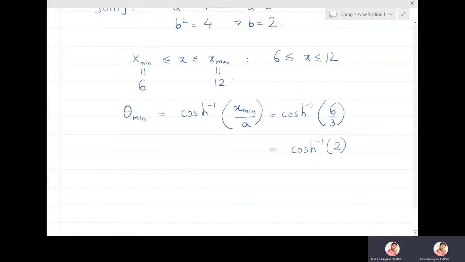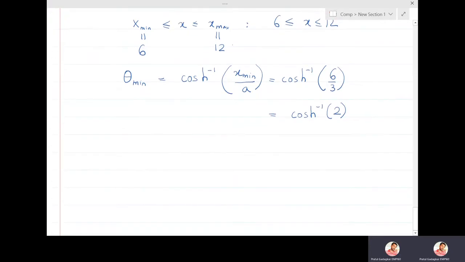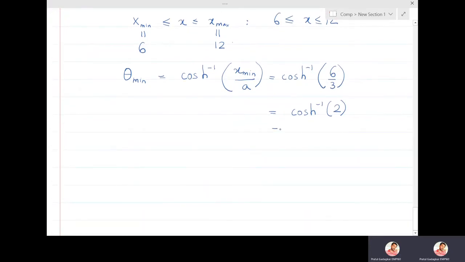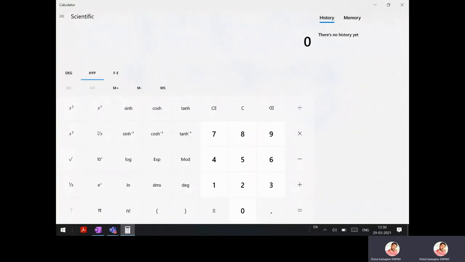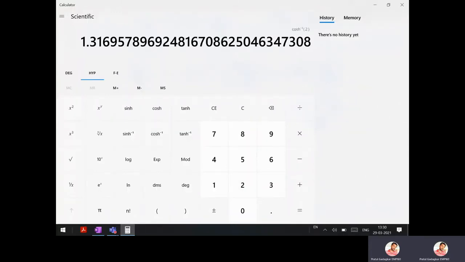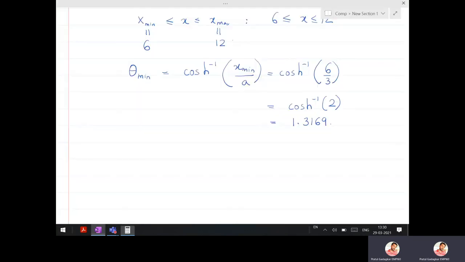Using my calculator, the value of cosh inverse 2 comes to be 1.3169. I first type 2 and then cosh inverse, and it gives me 1.316.